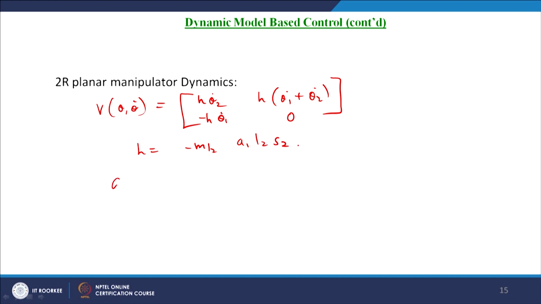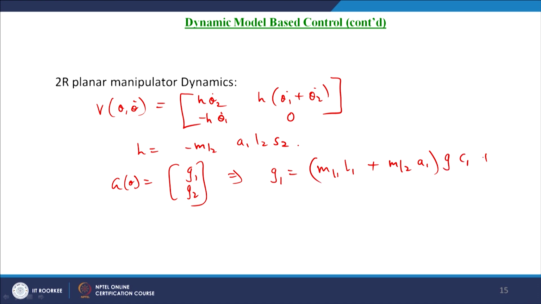Finally, the gravity term G of theta is given by a vector G1 G2 of size n cross 1, that is 2 cross 1 for the 2-link manipulator, where G1 is given by M L1 plus M L2 into A1 multiplied by G C1 plus M L2 G C12 cos of theta 12, and G2 is given by M L2 into L2 G C12, where G is nothing but the gravity acceleration.